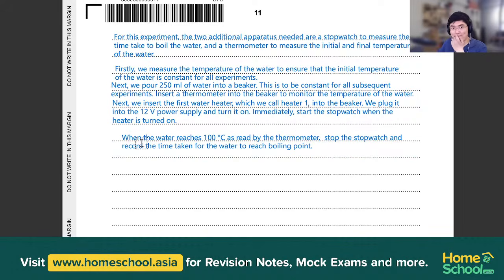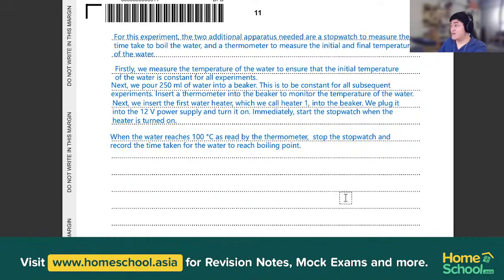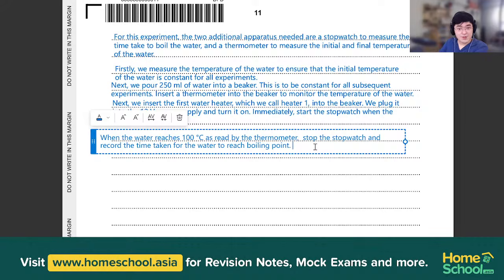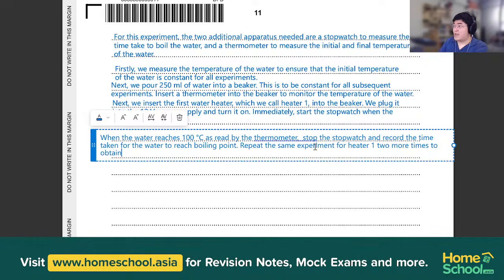Now once that's done, we also can, this is optional, but I think it's better to do it, repeat the same experiment for heater 1 two more times to obtain a total of 3 readings for an average reading.